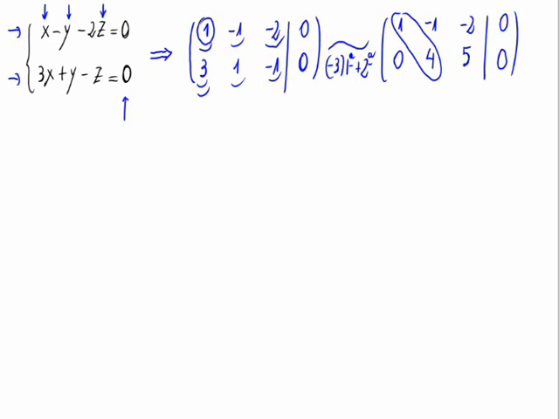So now we can see that under the diagonal all the elements are 0. So we have just finished with Gauss's method, and let's write the system again. And this new system is equivalent to the original one.